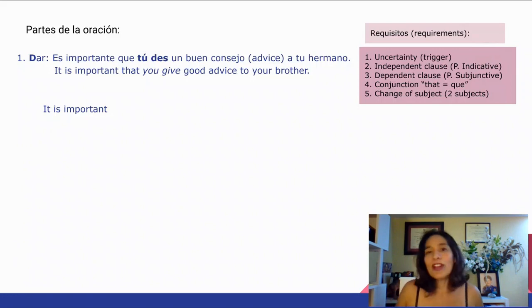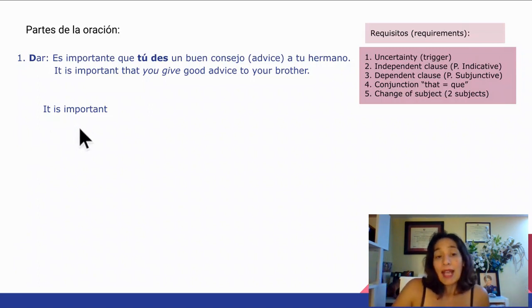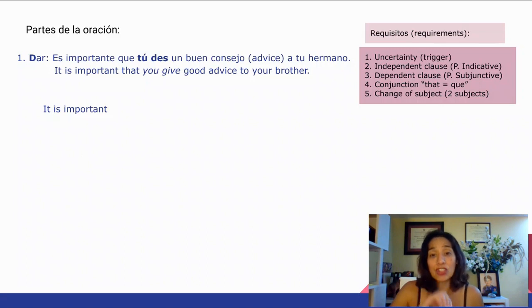It could be that you find the right situation to provide this advice to your brother, or it could be that it never happened. So the fact that something is important doesn't mean that it's going to happen or that it's not going to happen. We really don't know. And for this reason, this is an uncertain situation. And when we are in situations like this, is when we can use the subjunctive.